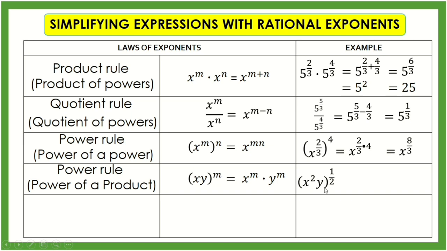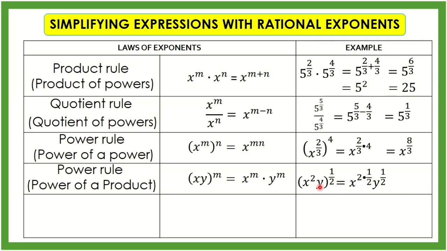Okay, for example, we have the quantity of x squared times y raised to 1/2. So, we have x squared, yun yung una nating factor dito sa loob, and then, multiply natin sa power sa labas or exponent sa labas, which is 1/2. So, we have 2 times 1/2.